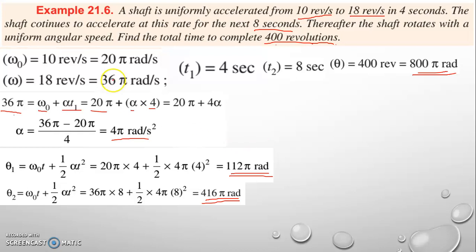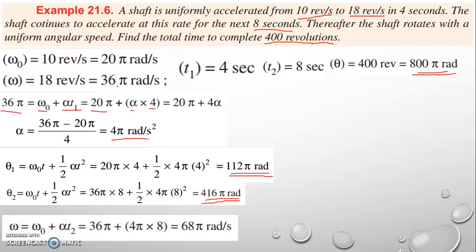Now its velocity has increased from 36 pi to a higher value, which can be calculated using the equation v equals u plus at, or omega equals omega naught plus alpha into t, where omega naught is 36 pi, alpha is 4 pi, and for a duration of 8 seconds we get the velocity after 12 seconds, that is 68 pi.